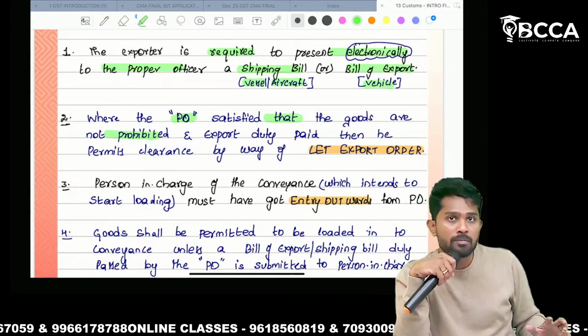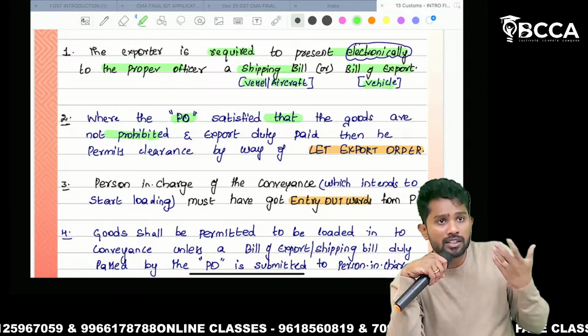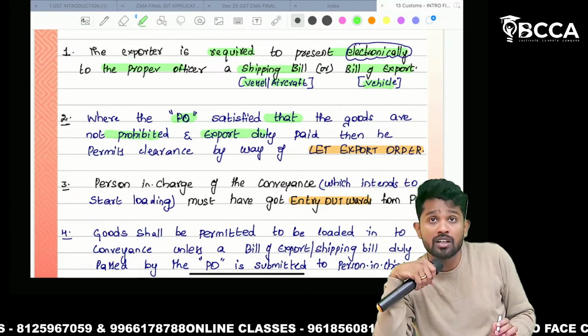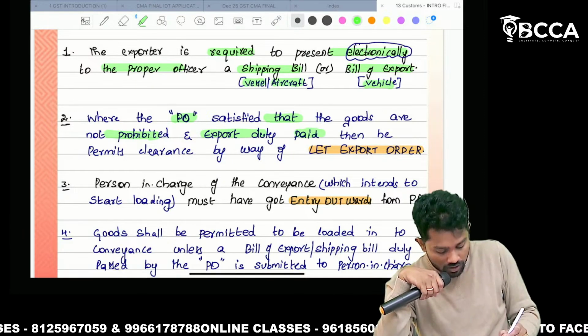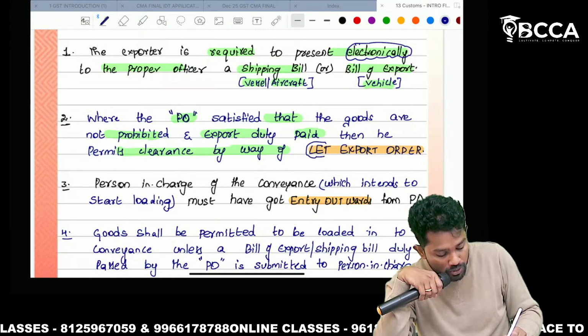So remember, on majority of exports, there is no duty. But again, the customs officer will check whether export duty is applicable or not. If applicable, whether it is paid or not, then he will permit the clearance by way of let export order.